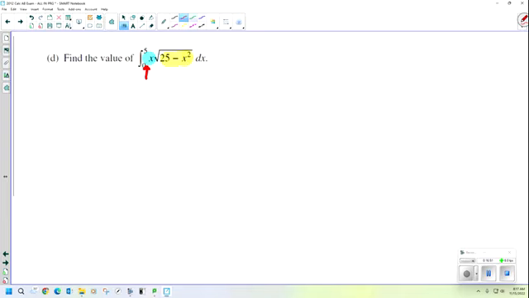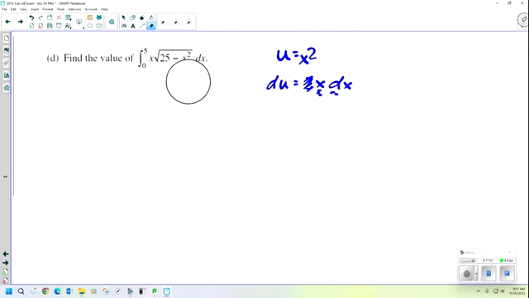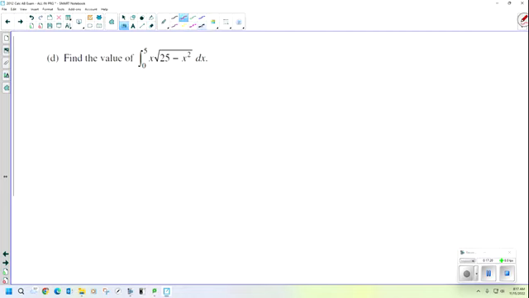Now, a lot of people say, well, how come I can't just say u is 2x squared and du is 2x dx? We're going to get rid of this 2. So we're going to end up having x dx. Anytime you have a constant, bring that along, because the derivative of a constant goes away. That makes life so much easier. Whenever you have a constant, include that in your expression. So let's do this from scratch.